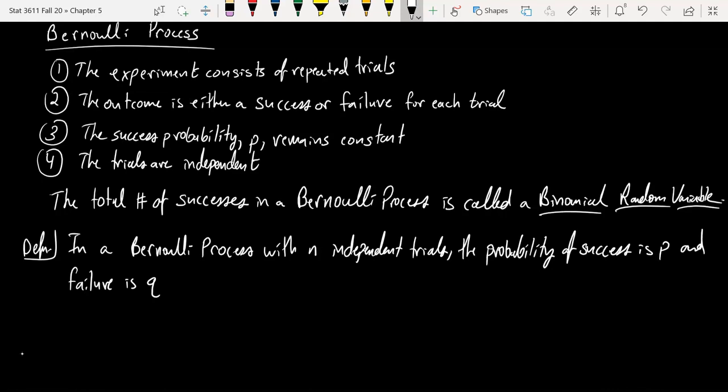Success probability p, failure probability q. If p is a success and there's only 2 outcomes, success or failure, then q must be 1 minus p, right? So we can use p and 1 minus p, or p and q.